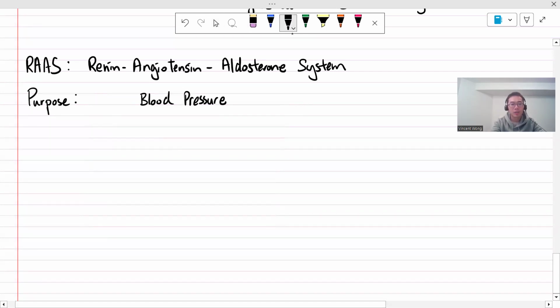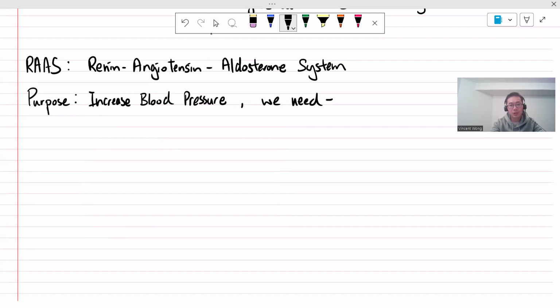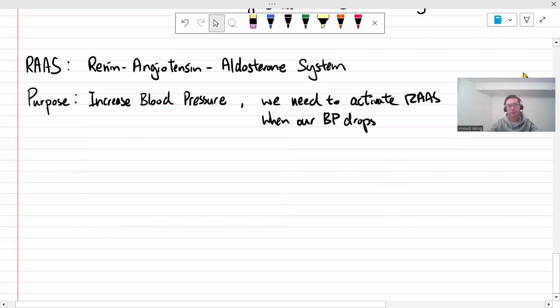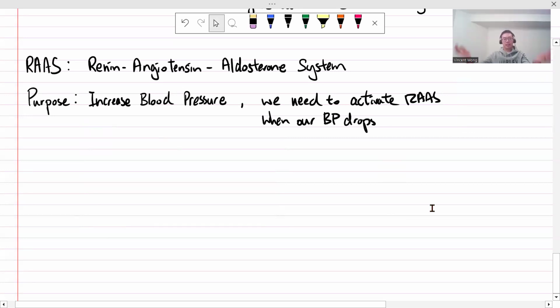This is increased blood pressure. Confusing myself for a second. In other words, we need to activate RAS when our blood pressure drops. If your blood pressure is dropping, you gotta activate the RAS.